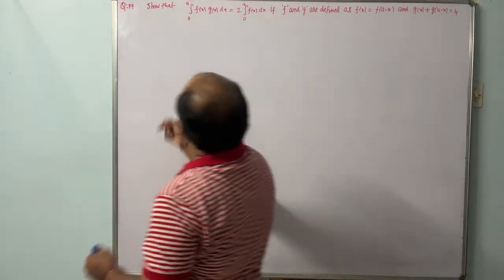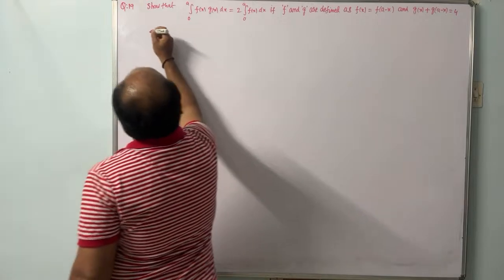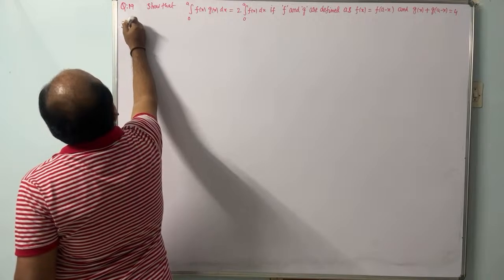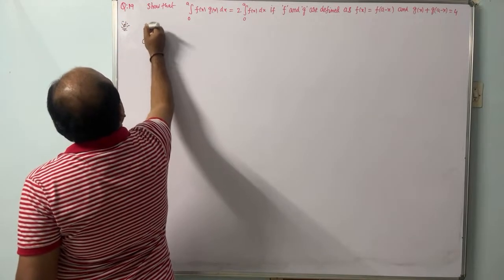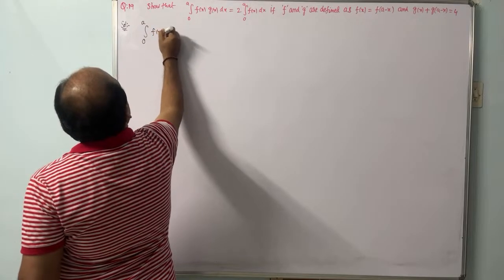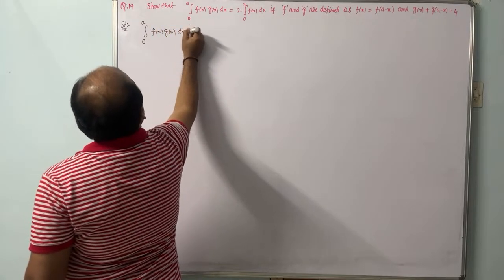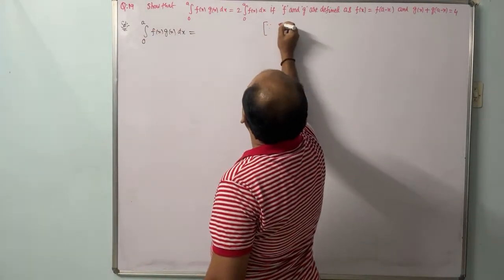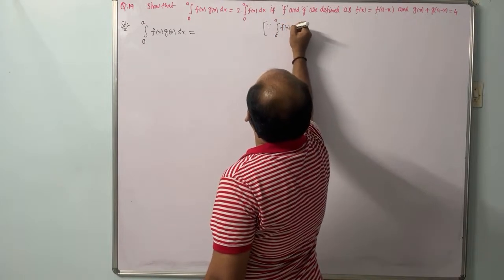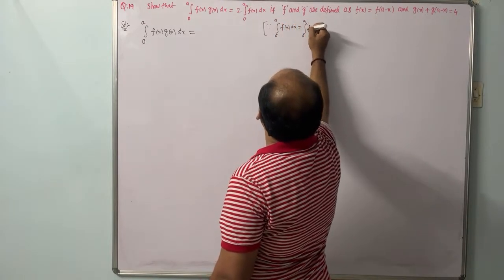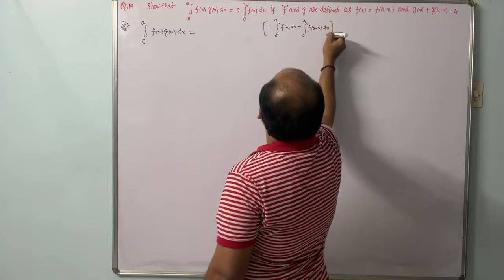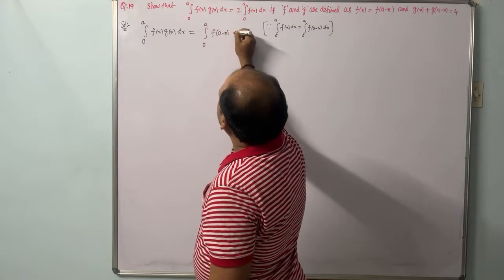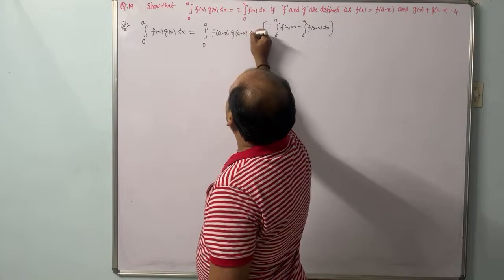First, integral 0 to a f of x into g of x into dx is equal to, by using the property integral 0 to a f of x dx equal to integral 0 to a f of a minus x into dx, it becomes integral 0 to a f of a minus x into g of a minus x into dx.